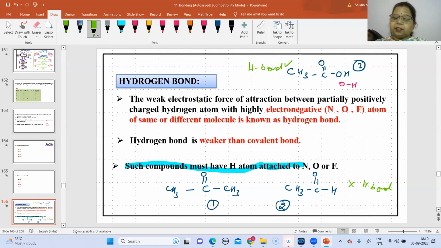I'm repeating again: hydrogen attached to oxygen or fluorine or nitrogen. Only then hydrogen bond will be formed, and it changes many properties. One of them is solubility, right? So hydrogen bond is a weak bond which is found in the compounds which have hydrogen attached to nitrogen or oxygen or fluorine, right?